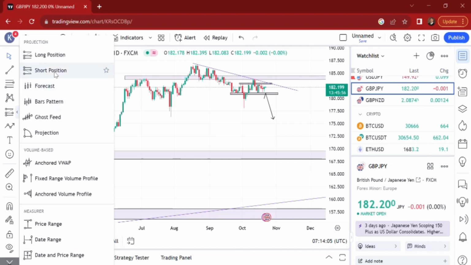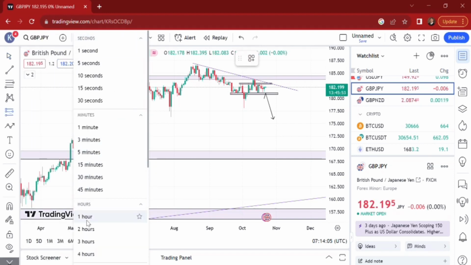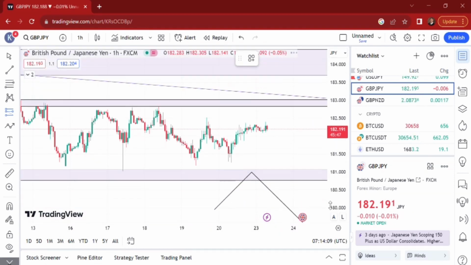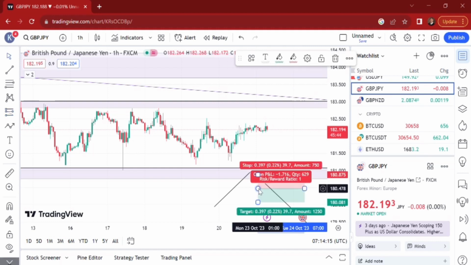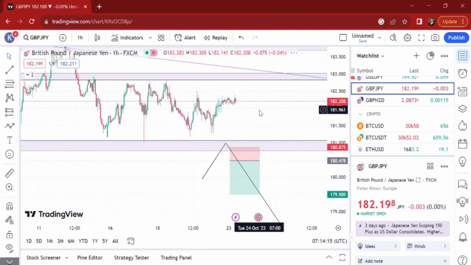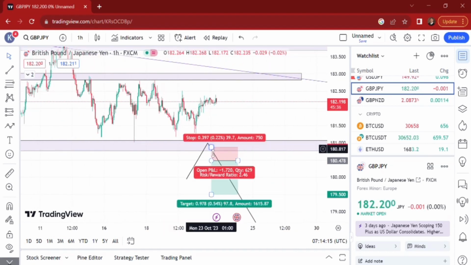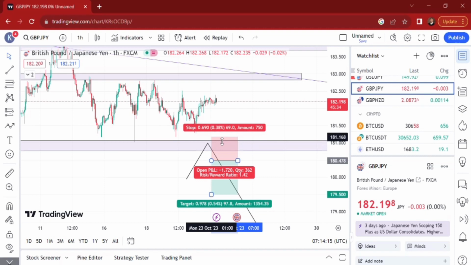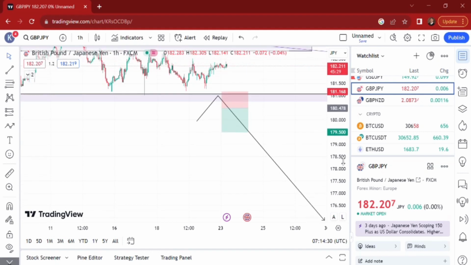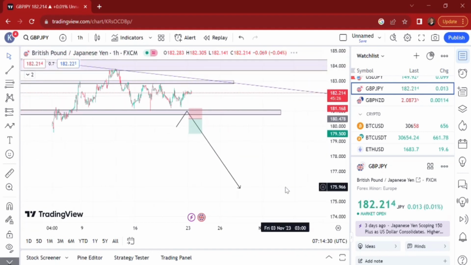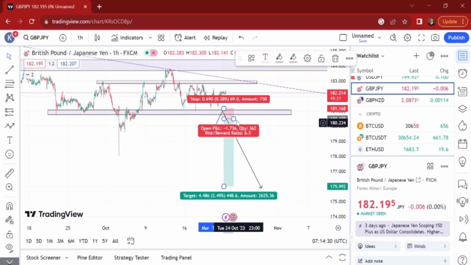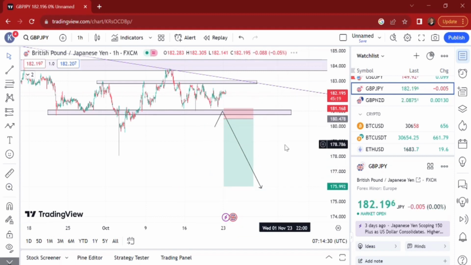Let me check the risk to reward. Let me go to a 1 hour time frame. Okay, if price breaks, we could enter here. We have about this ratio 5.